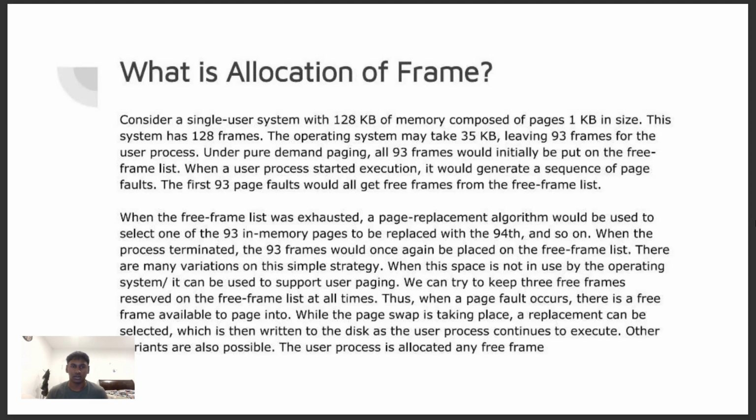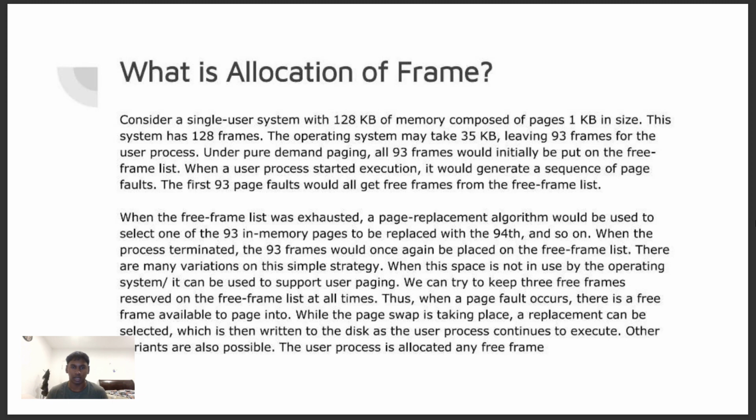Consider a single user system with 128 kilobytes of memory composed of pages of 1 kilobyte in size. This system has 128 frames. The operating system may take 35 kilobytes, leaving 93 frames for the user process.